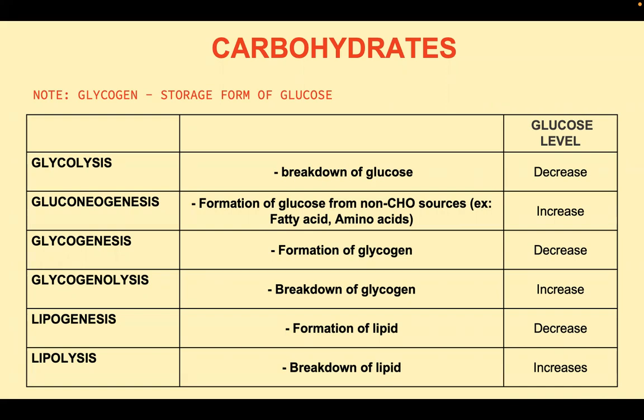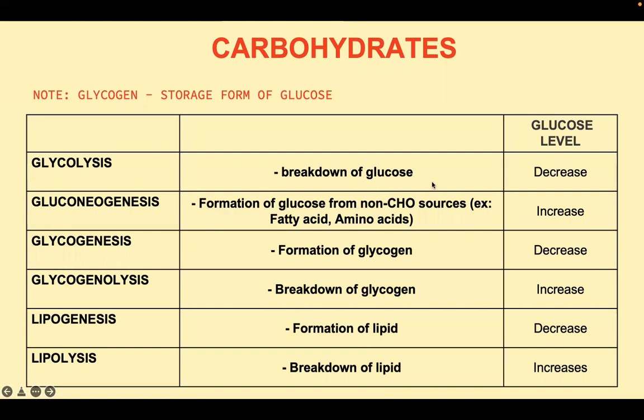So, ang ating glycolysis, maraming mga functions underlying the glycolysis. So, daanan natin siya isa-isa later on. So, for the glycolysis, pag nagkaroon ka ng breakdown of glucose, ibig sabihin ang glucose level mo sa katawan, it will be decreased.